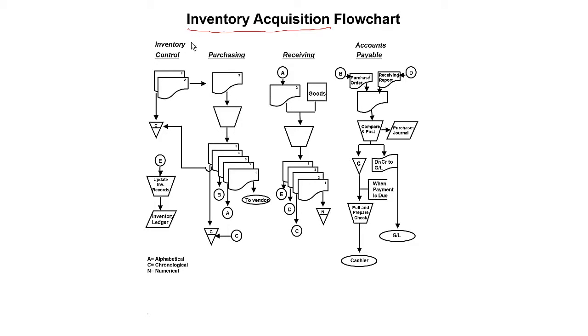So you can see, first of all, like I said, the management structure. We've got four departments: inventory control, purchasing, receiving, and accounts payable. Any symbol, any process that's done by a particular department goes under that column.